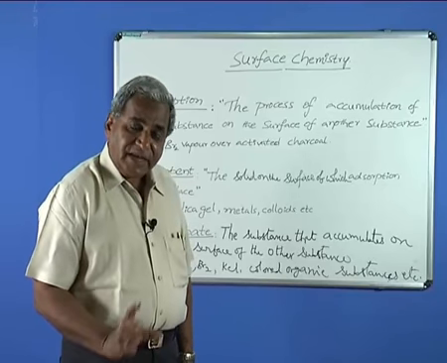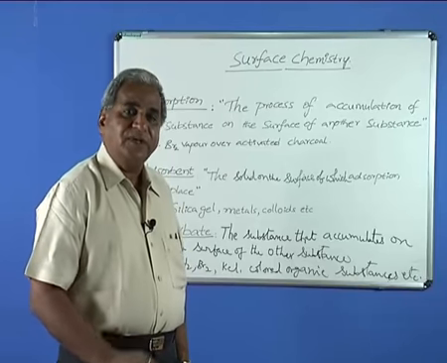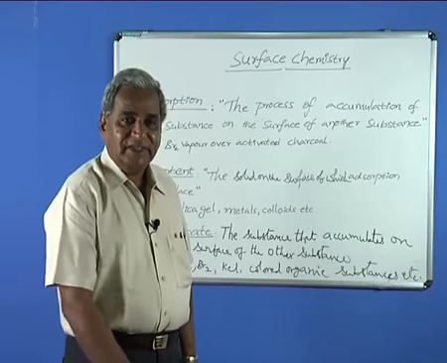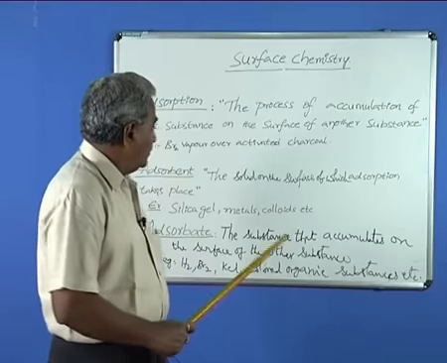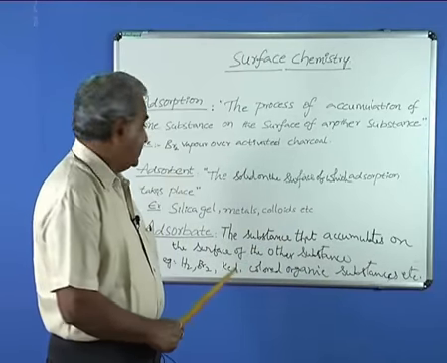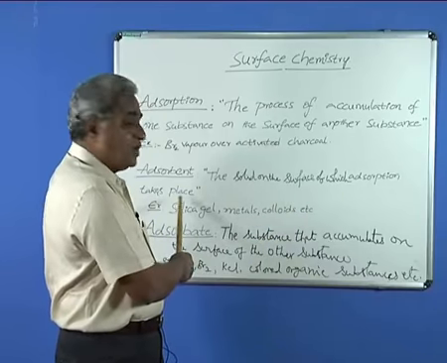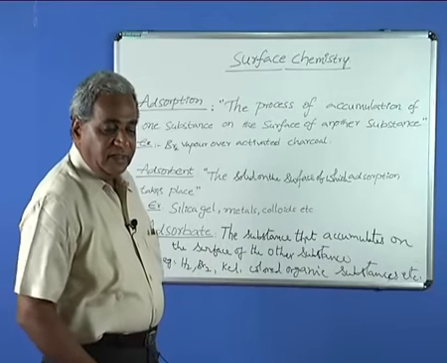Then the substance which provides its surface for the adsorption of these substances is called the adsorbent. Here, activated animal charcoal is taken as the adsorbent. The solid on the surface of which adsorption takes place is the adsorbent.